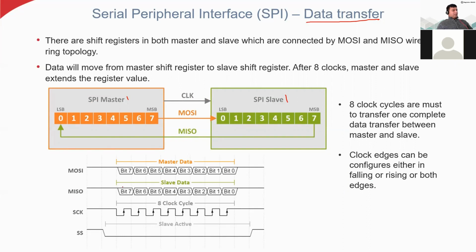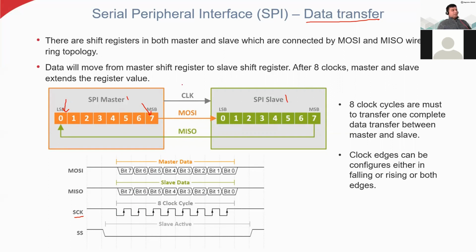For the MOSI, you can see here the data, bit 0 to bit 7. This is just indicating the position: bit 0 position, the first position, the second bit position, third bit position, and so on. And it needs clock cycles. For example, if you have 8 bits in this master block and you want to transfer all these 8 bits to this slave, then you need 8 clock cycles.